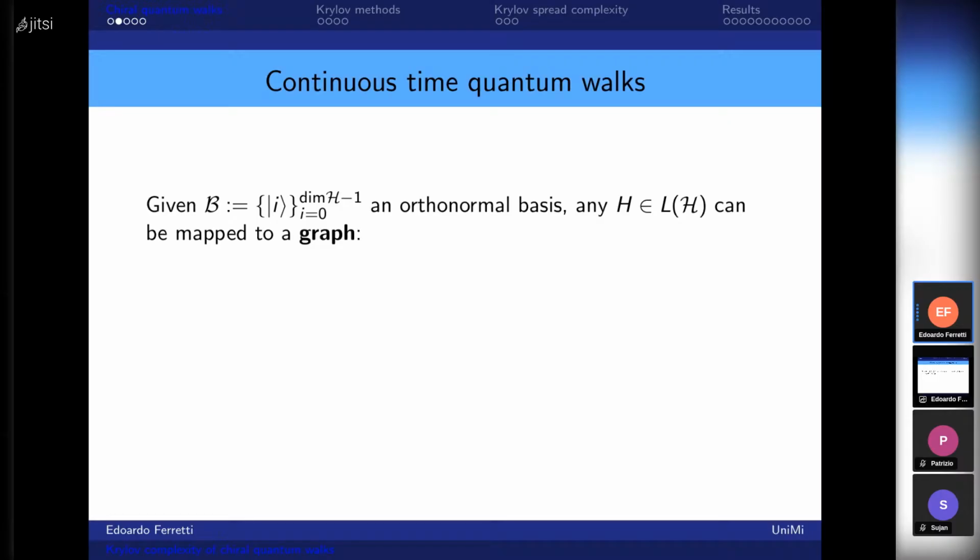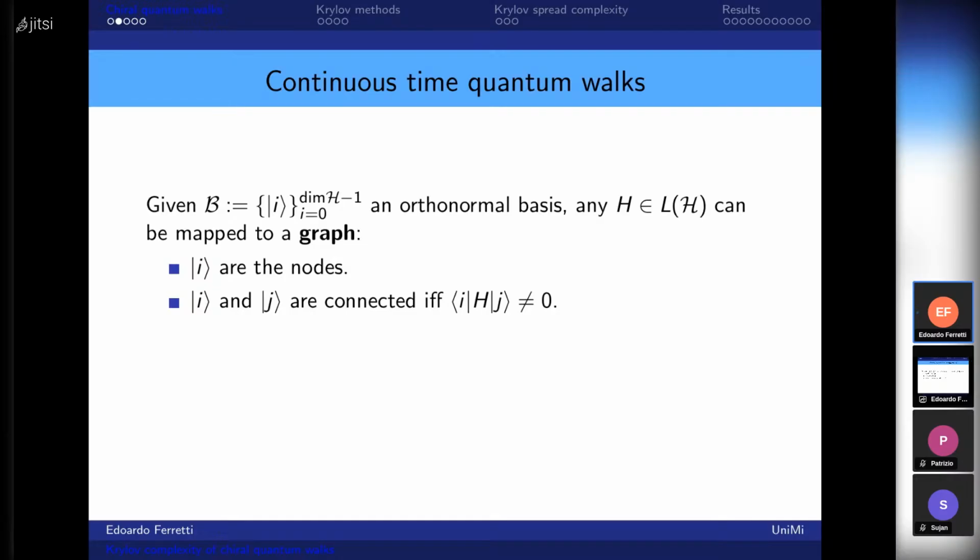A quantum walk is basically just the ordinary Schrödinger equation packaged in a different way. Let's start with a Hilbert space for which we choose a basis, and a unitary operator, the Hamiltonian, generating the dynamics. Then this couple, basis and operator, can be mapped to a graph following these rules.